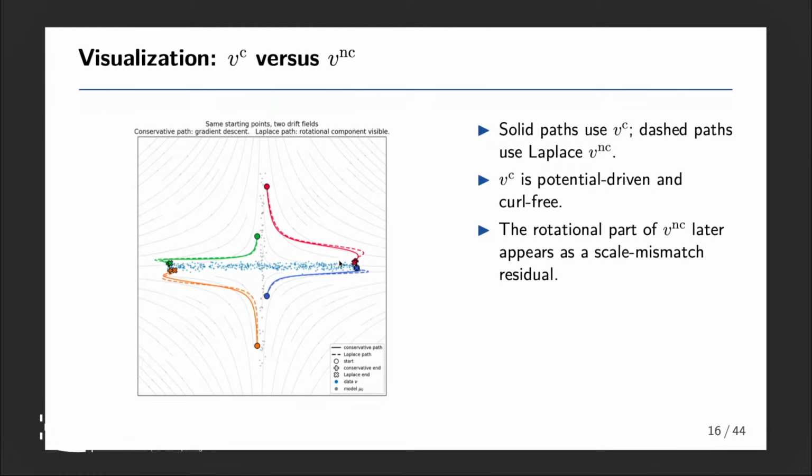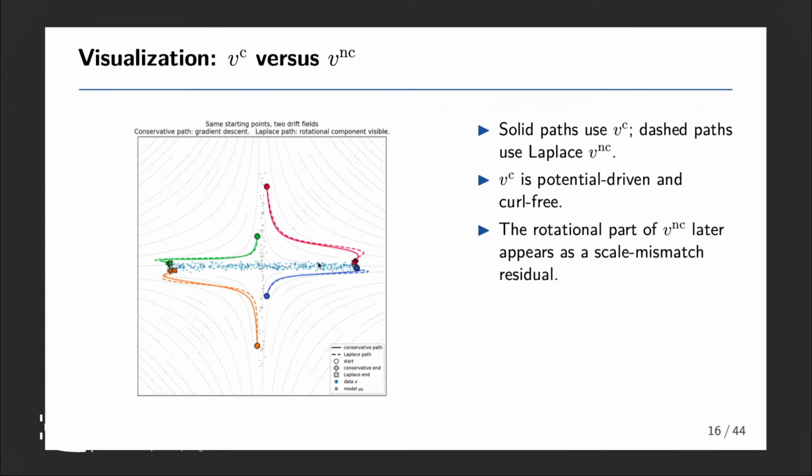So basically, here I have plotted some example paths when you pass a point through conservative and non-conservative velocity fields. For the sake of this simulation, I'm illustrating only 4 trajectories, but of course it is an interacting particle system that I use to simulate these trajectories. It's just for visualization sake that I'm using 4, right?